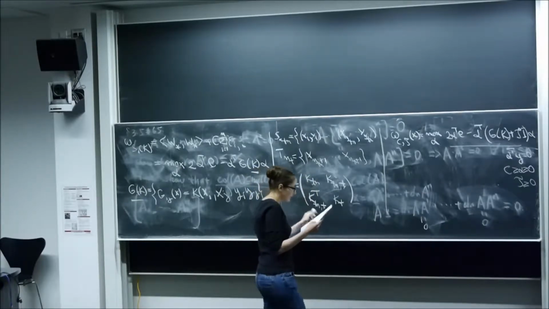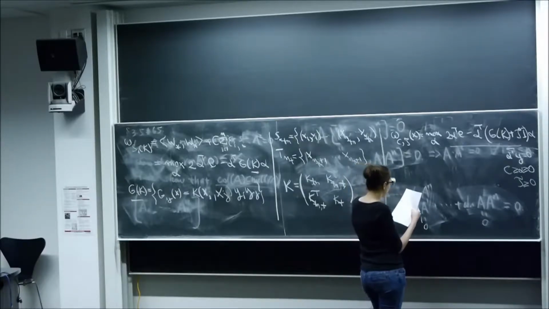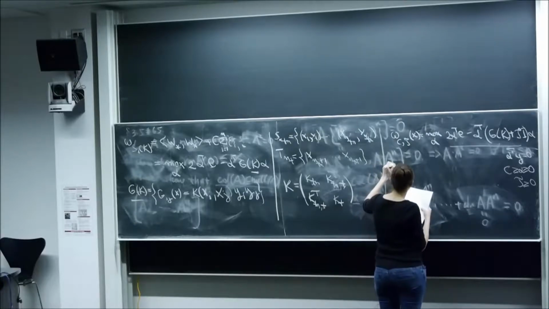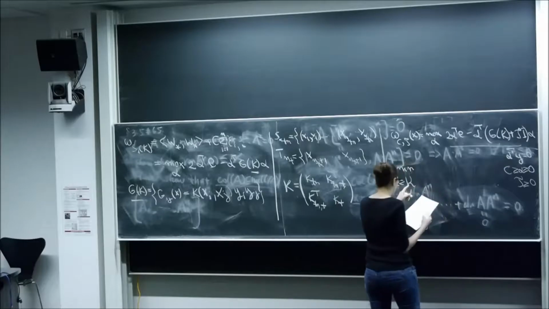So writing the procedure in terms of K, we'll get something like this. We'll need to minimize over a set of matrices K. So this is a restriction.